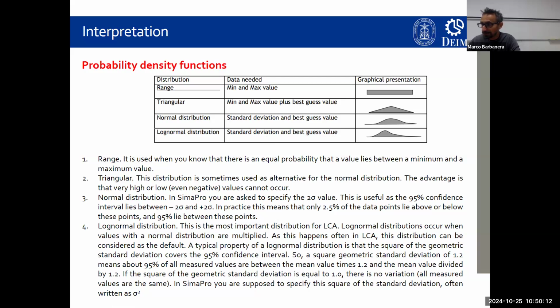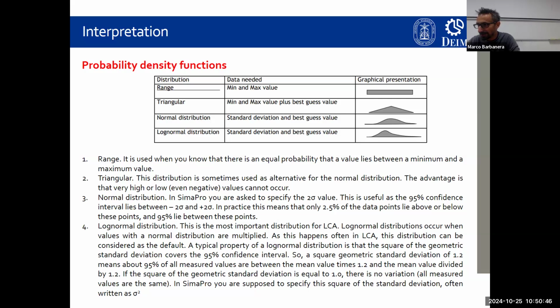As regards the best guess value, it's quite easy to know the best guess value for each data, because if we obtain a value from a database, from a report, from a scientific paper, in these reports, we can find only one data that is the best guess value.